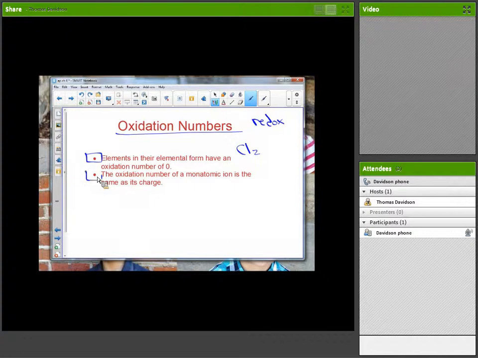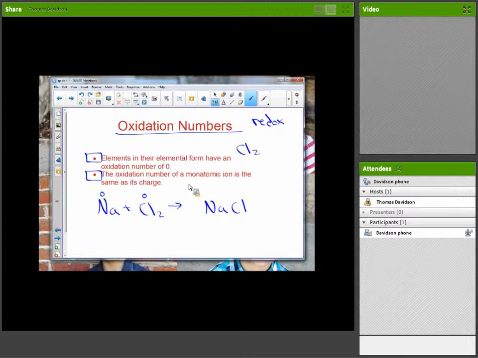Next, the oxidation number of a monatomic ion is the same as its charge. So let's use a simple reaction here. Sodium plus chlorine goes to sodium chloride. We can use just these two rules to assign oxidation numbers. Sodium is an element. Chlorine is an element.